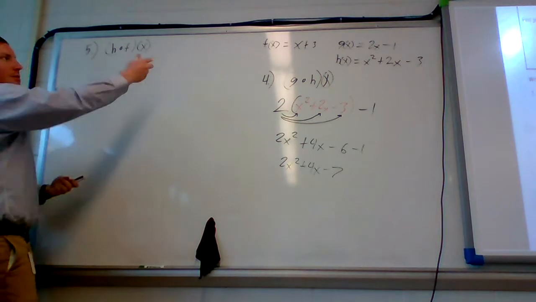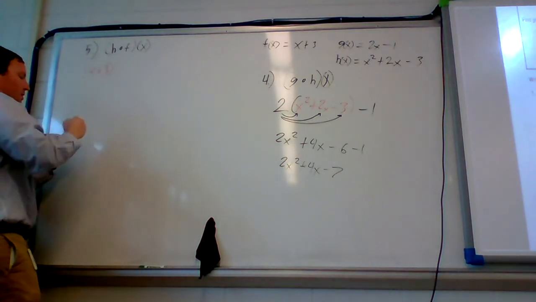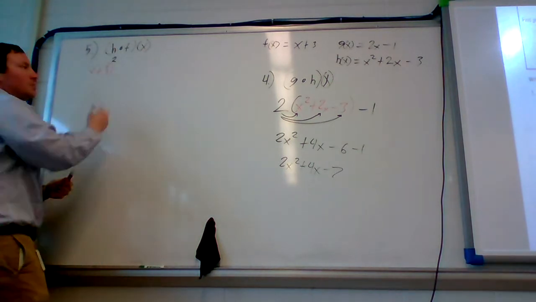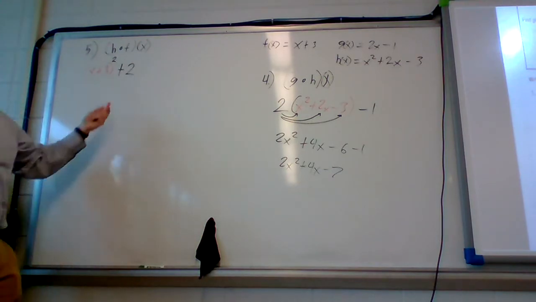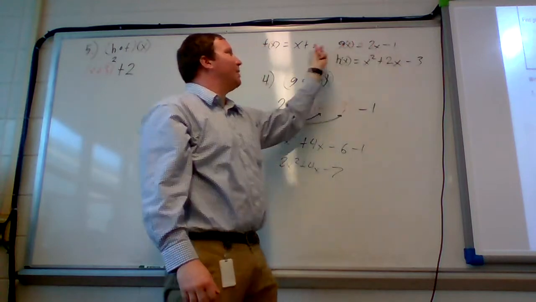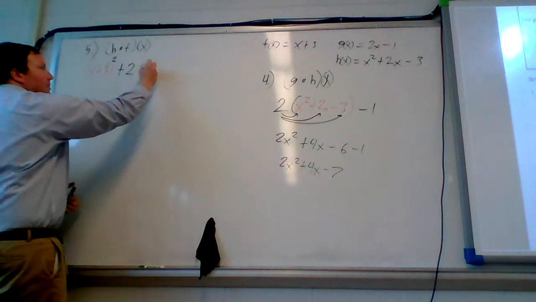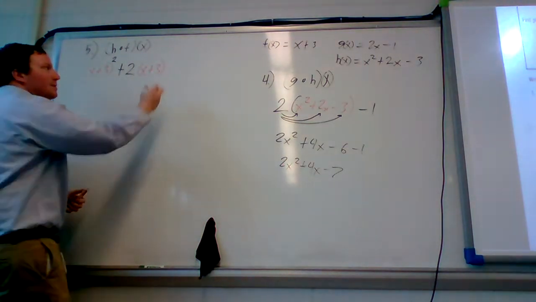So I've got x plus 3 that is being squared plus 2. I've got another x. So I'm going to replace that x again with my function of f. So I've got another x plus 3. And then minus 3.